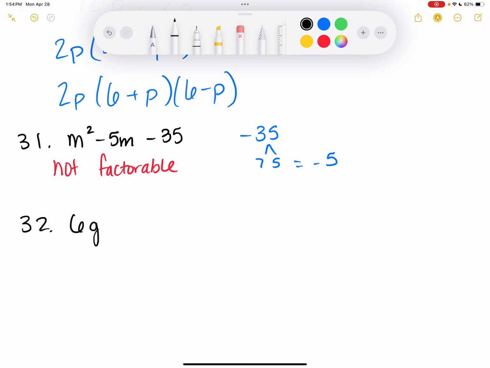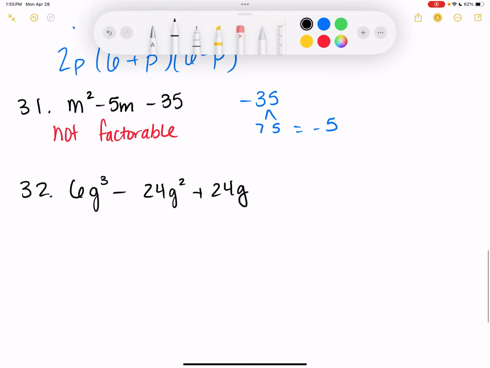6g cubed minus 24g squared plus 24g. All right, so the first thing I need to do is factor something out. What is the biggest thing out of all 3 pieces I can take out? 6g.